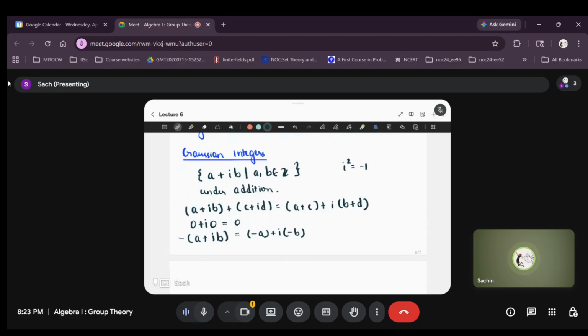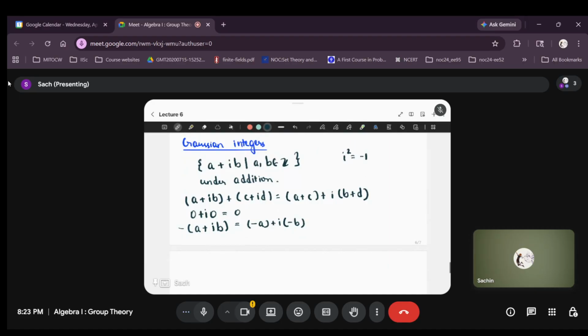If I restrict my a and b to be the set of integers, then this is a subset of complex numbers, right? And it is a subgroup under the same addition operation in complex numbers. This addition is the same as addition in complex numbers. The only restriction is that we are restricting a and b to integers instead of real numbers. So this is a subgroup of the set of complex numbers under complex number addition.